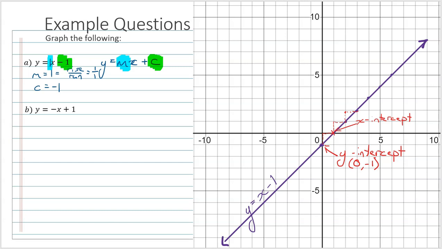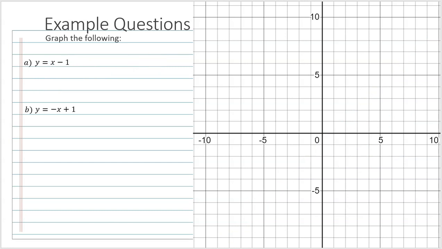So I'll go down to a new piece of paper, and looking at this one, I'm going to ask, what is the gradient? Well, the gradient should be the m in y equals mx plus c. Notice again, what is the m? It is the -1. Remember, the 1 is implied.